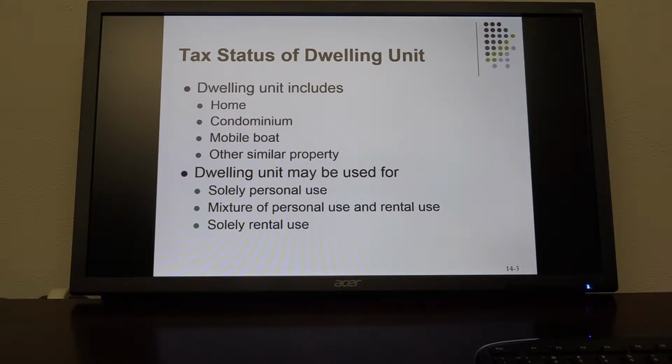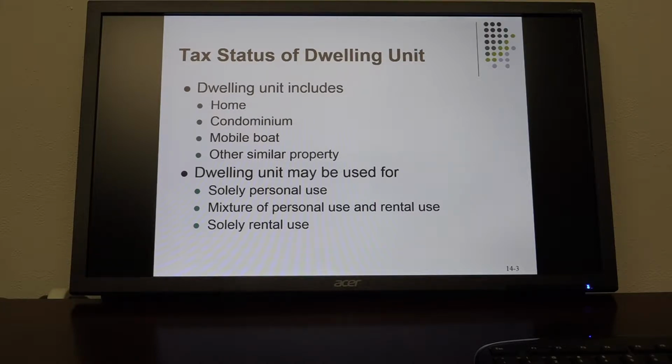Before you even get to the deductibility of all that, you have to figure out whether or not the property you own, number one, is a dwelling unit, and number two, whether that dwelling unit is a principal residence or just a residence or maybe even rental property.